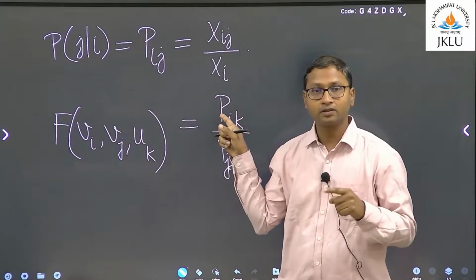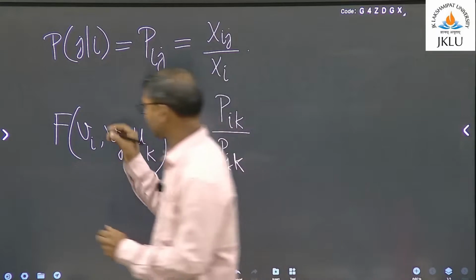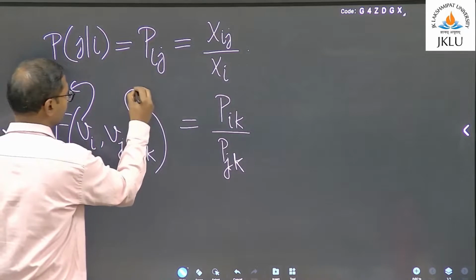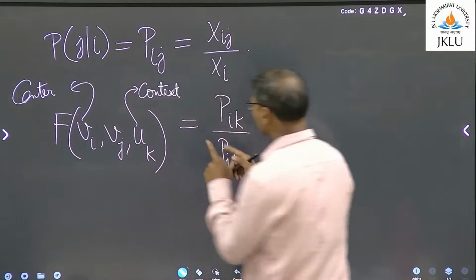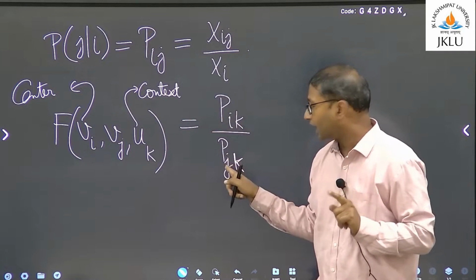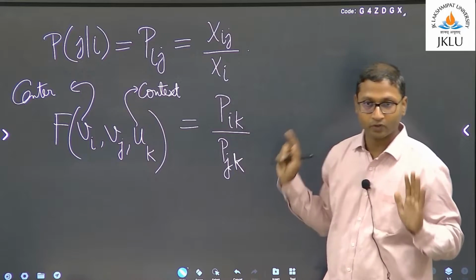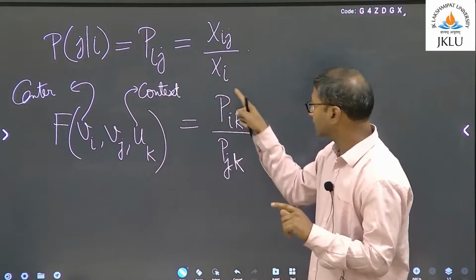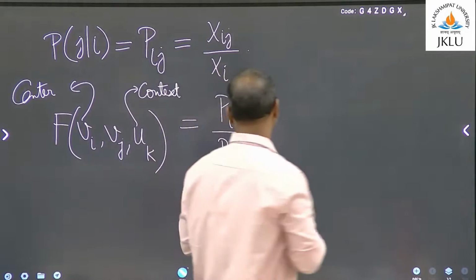Because I here is a center word. Why Vj? So let me explicitly write this. We are using this for center word. This we are using for context. So ice right now is my center word, other words are my context word. Again J is my center word and K is the same context word. Okay. So what we are trying to see here is we want to have a function of these three vectors that gives me this. What do we do next?